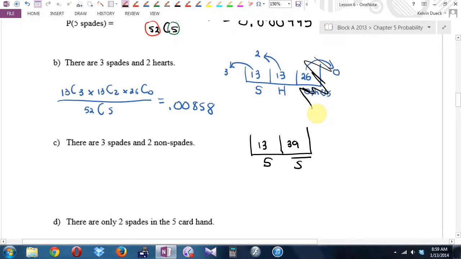How many do you have in your bucket if you'd forgotten to write that last column? 26. You're missing some. There's also your built-in error check. You better make sure your bucket contains the whole deck of cards. So if your bucket doesn't contain a whole deck of cards, probably there's another column, another container that you need to add. Do we contain a whole deck of cards here? Yes, I don't need to have an others column here.